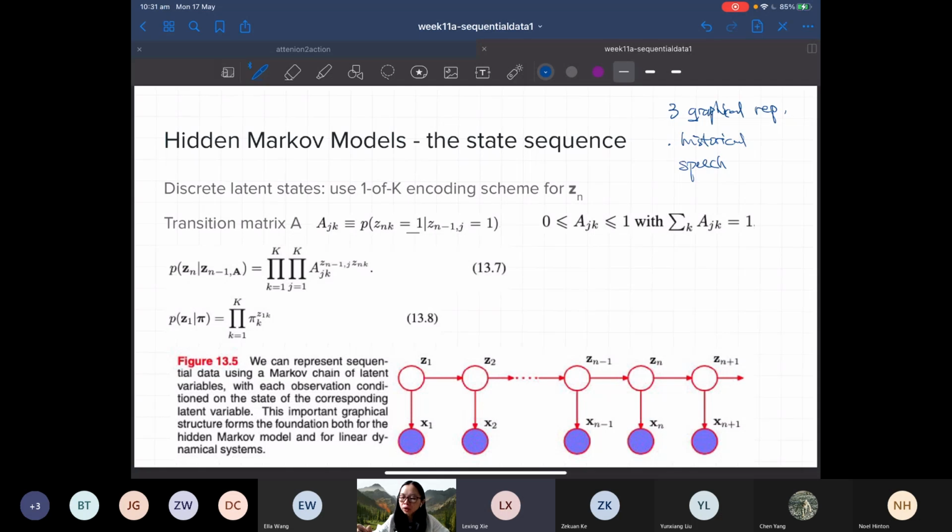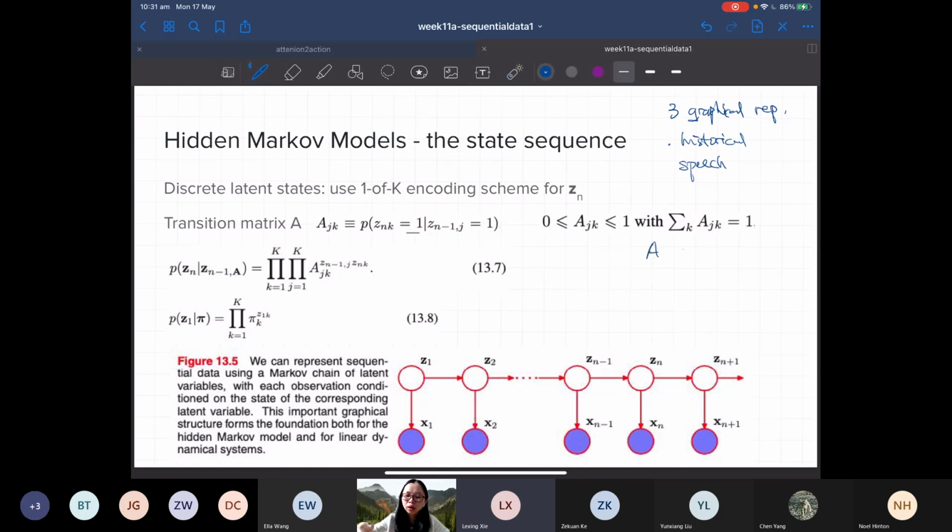So here are the parameters of the HMM. Now we have the Zs. We encode the time-invariant transition matrix A_jk as the probability of Z_n taking the k-th state given the previous state Z_{n-1} taking the j-th state.